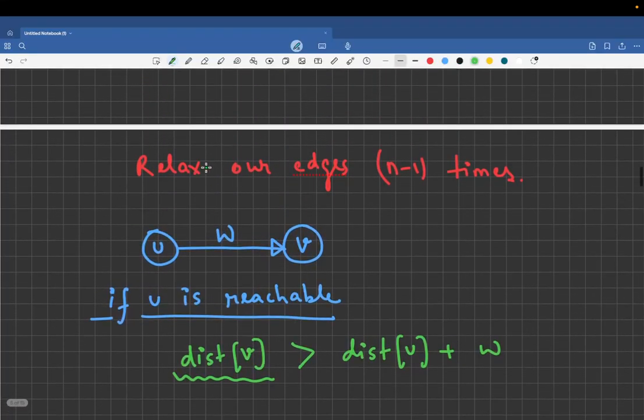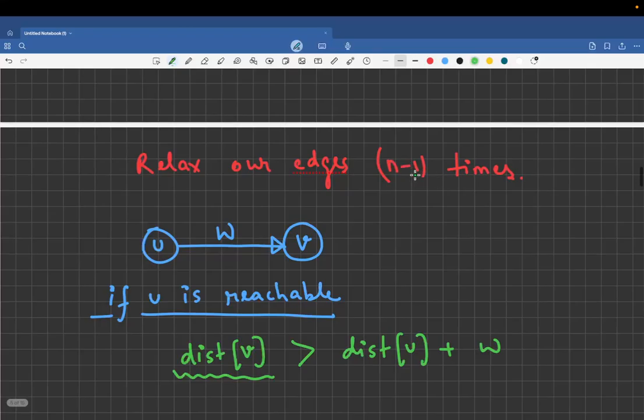So in Bellman-Ford, we relax all the edges sequentially n minus 1 times. Relaxing our edges sequentially is a very important point. So we relax all our edges in order n minus 1 times.